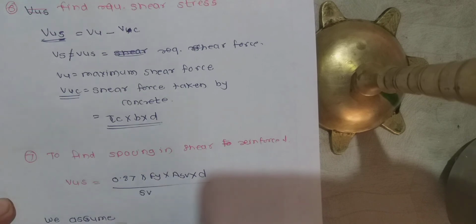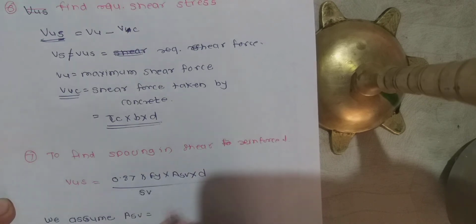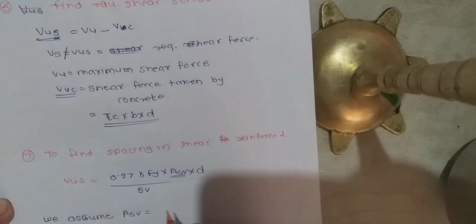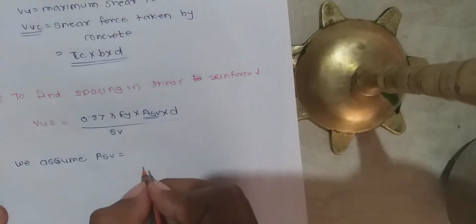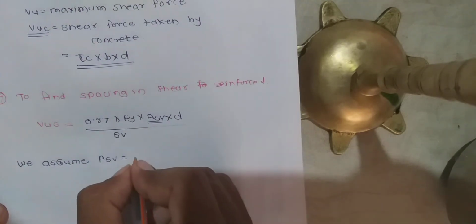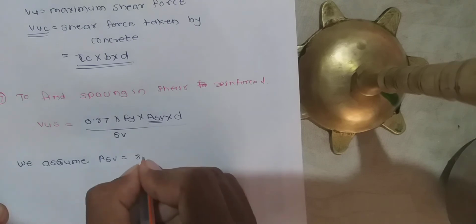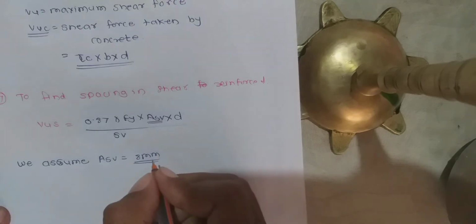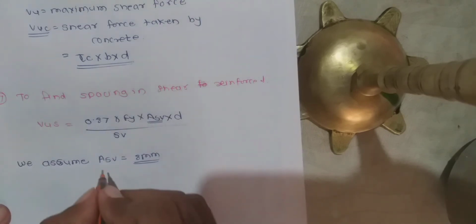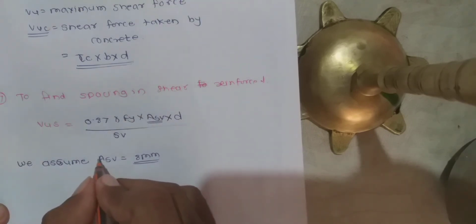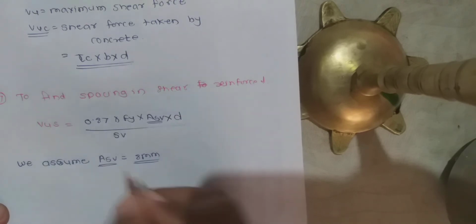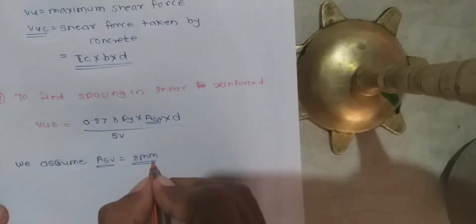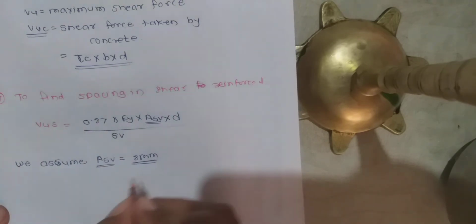We assume the Asv, for example, 8 mm maximum. We provide 8 mm diameter for the stirrups. So Asv is the area of vertical stirrups, and generally we provide 8 mm.